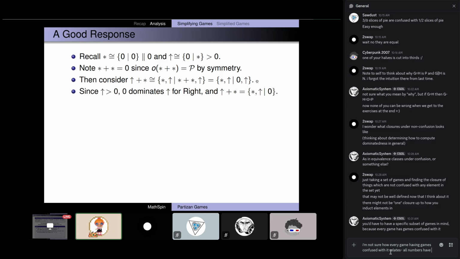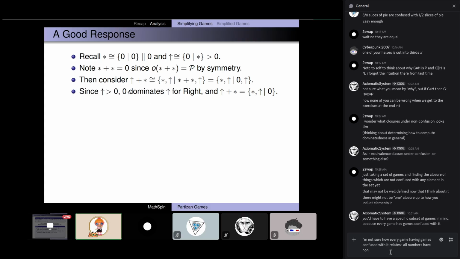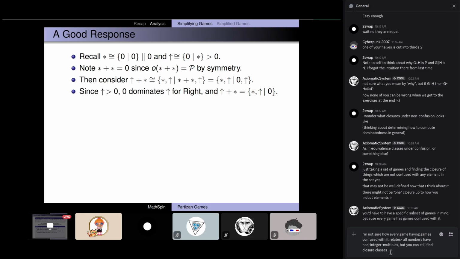But we can actually do a little more because we know that up is greater than 0. So for right, who wants lower values, 0 dominates up. So right would be foolish to move to up. Right should just move to 0 if he were ever going to move to up. So we can delete that dominated option and end up with just 0 there instead of 0 and up.